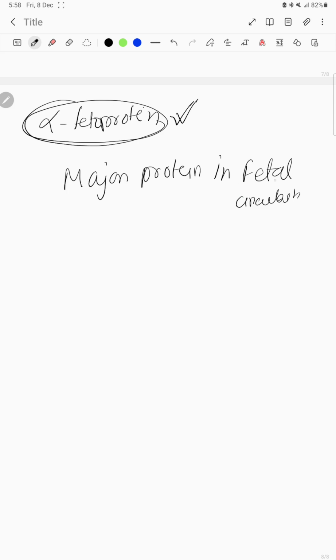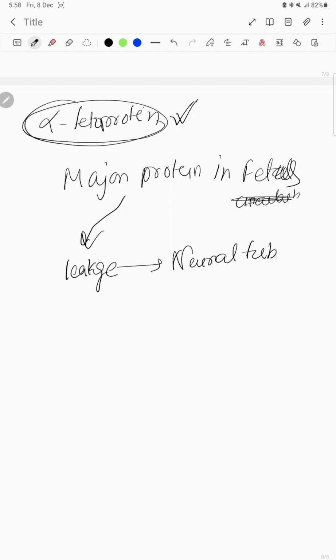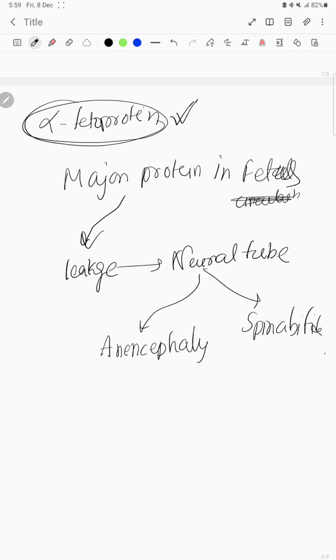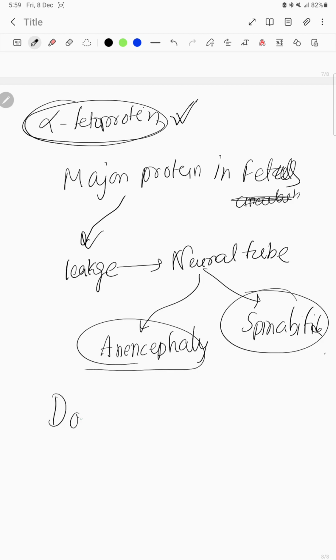So if this leakage is happening, you can suspect that the leakage is from the neural tube, and we know the defects of the neural tube are mainly anencephaly and spina bifida. So the fetus may develop anencephaly or spina bifida, and it also indicates the fetus may have Down syndrome.